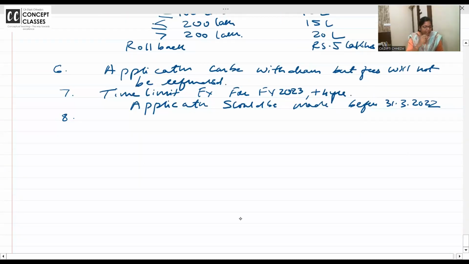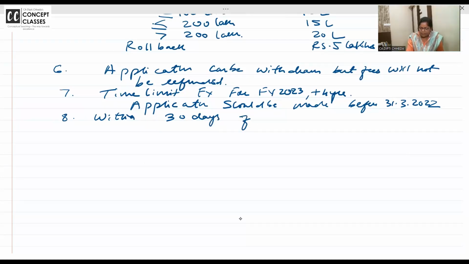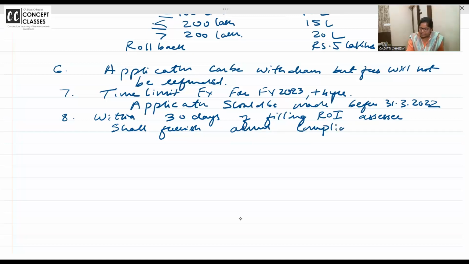Next. Within 30 days of filing return of income, SSE or taxpayer shall furnish compliance report, annual compliance report.